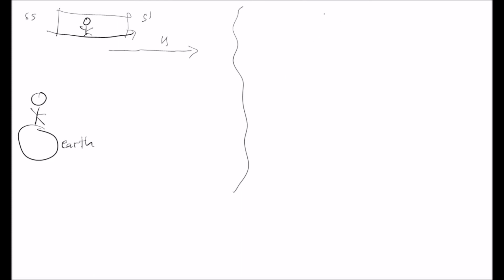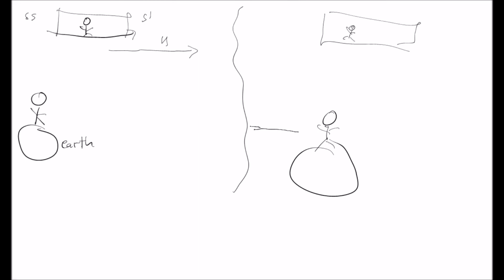Now, if this is the spaceship, the moving frame, and this is the observer, Earth, what is the observed direction of motion of the Earth? It will be in that opposite direction. Now, let's go back here.